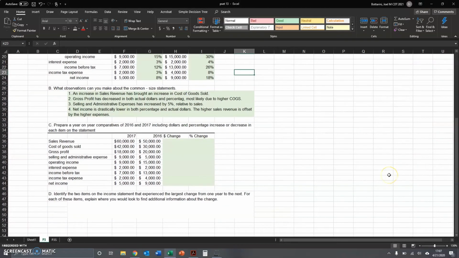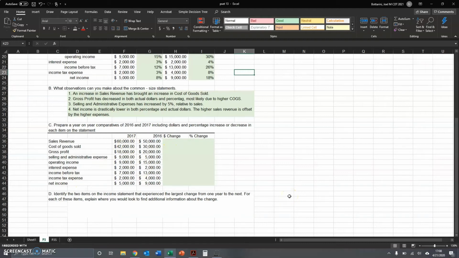Next, we are asked to prepare a comparative income statement for X Corp that includes columns for dollars and for the percentage increase or decrease in each item. This is similar to the original comparative statement that we created in that you just copy down the given line items and values.